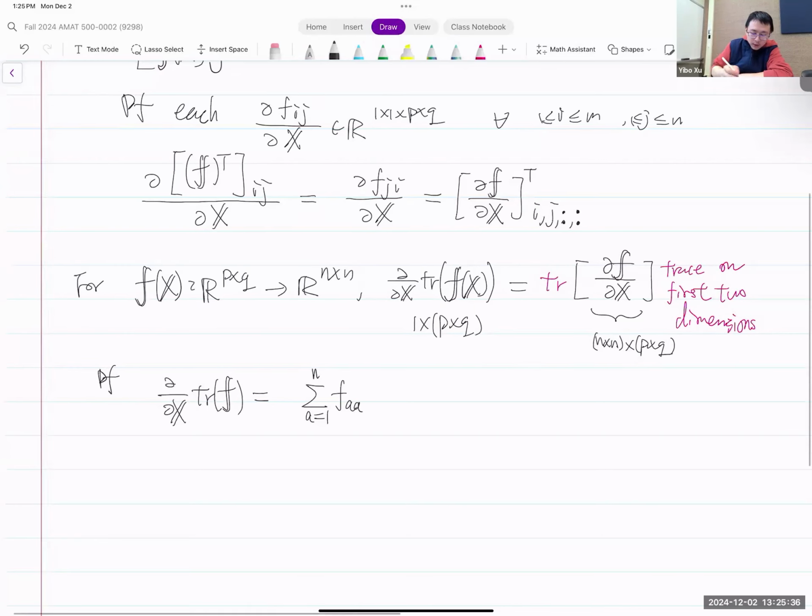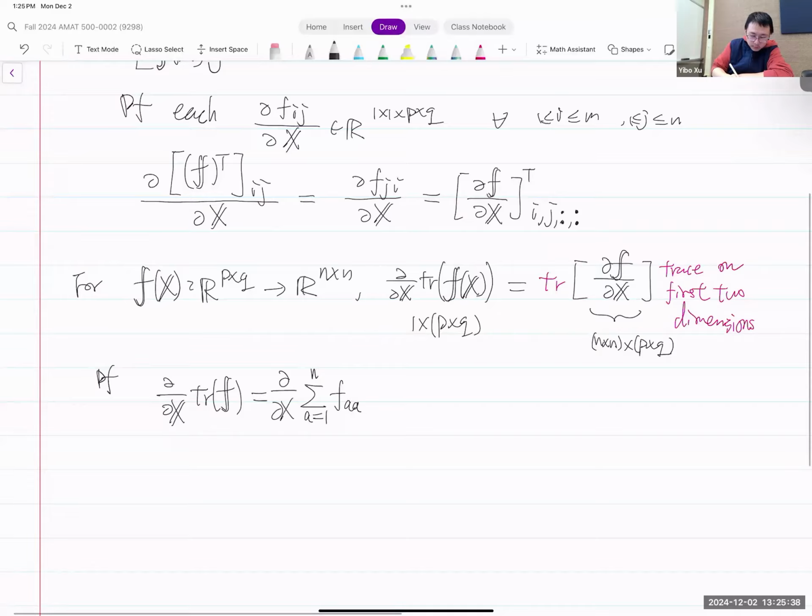That's the trace. Now I'm doing the partial with respect to the entire argument x. And of course, the partial derivative of a sum of functions is the sum of all partials.